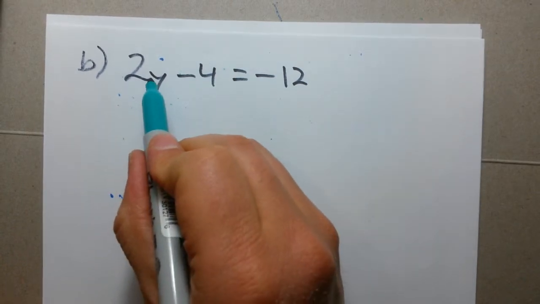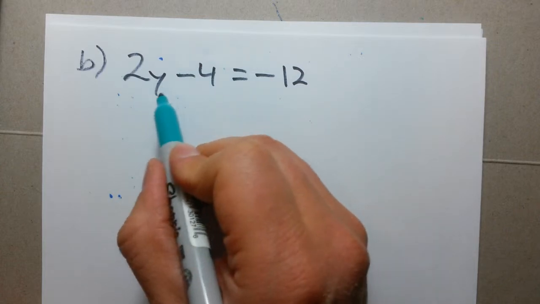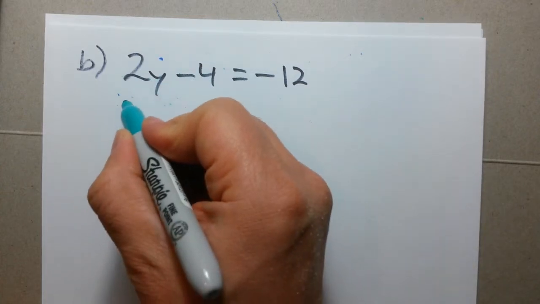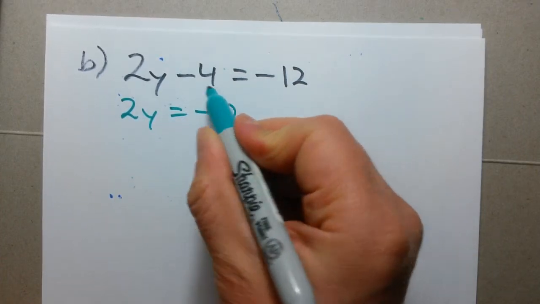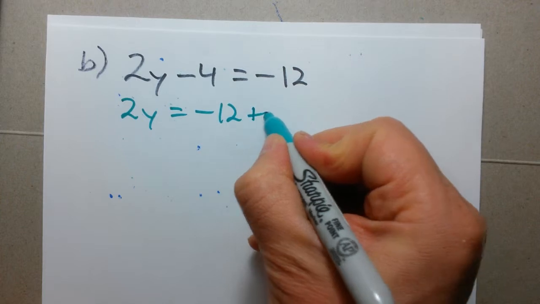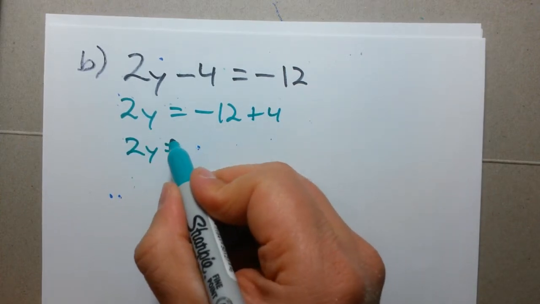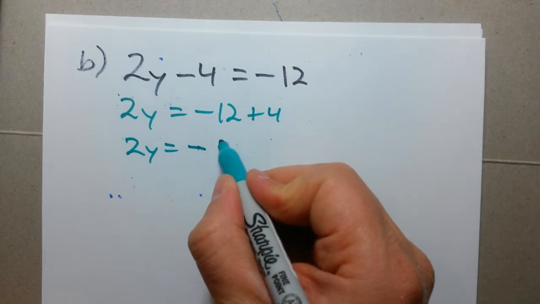We need to isolate y. We need to leave the y alone, find out the value of y that will make this expression true. So let's move the negative 4 to the other side of the equal sign. So we end up with 2y equals negative 12. Minus 4 becomes plus 4 on the other side. 2y is equal to, and this side simplifies to minus 8.